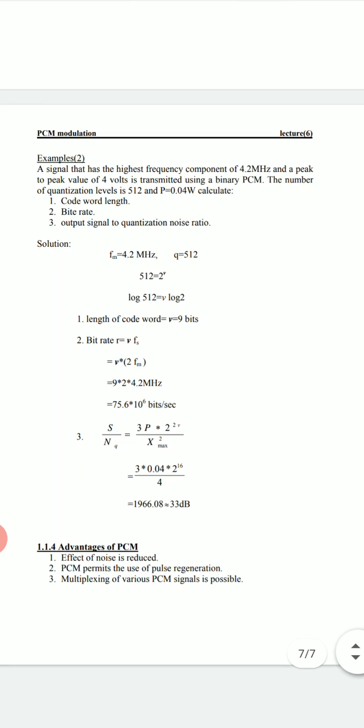You are supposed to find the bit rate. Bit rate means R, R equal to signal rate. Bit rate is nothing but signal rate. R equal to, as we have seen, V into f of s.